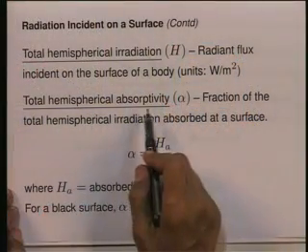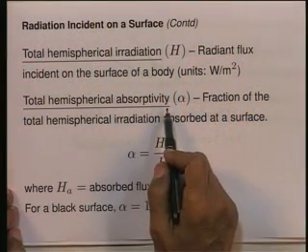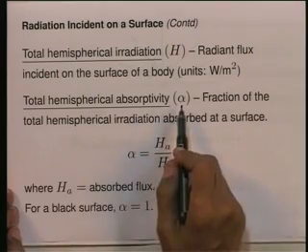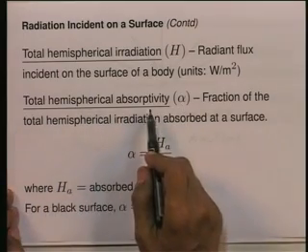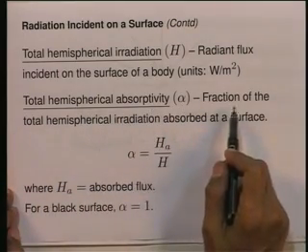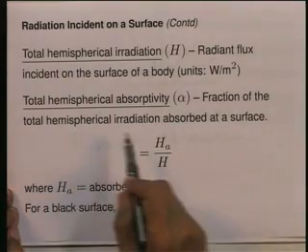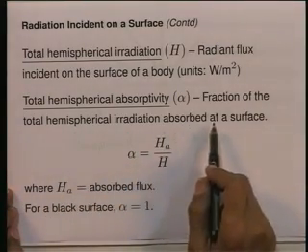Now, I have already told you a fraction of this may be absorbed. Let us say the fraction of this irradiation absorbed at the surface is alpha. We call alpha the total hemispherical absorptivity of the surface. Alpha, the total hemispherical absorptivity, is the fraction of the total hemispherical irradiation absorbed at the surface.